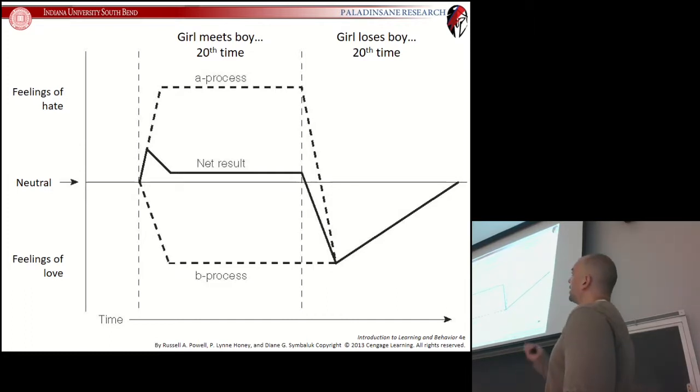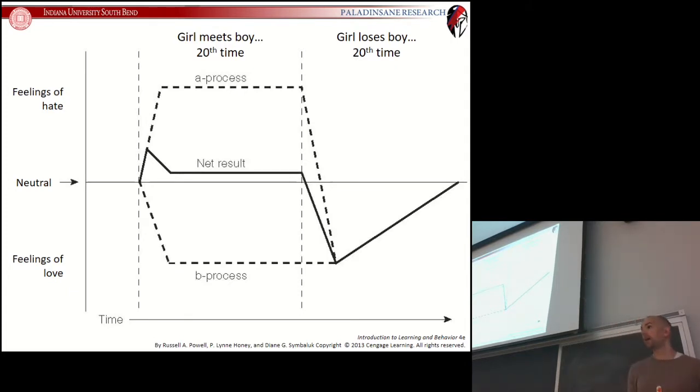But again, you can see that this opponent process theory can explain why, even in real life, first time you meet somebody, you might be like, man, I can't stand that person. They're horrible. And then after you meet them over and over and over again, your feelings for them change. And you might even fall in love. Maybe not, but you'll definitely be able to tolerate that person.